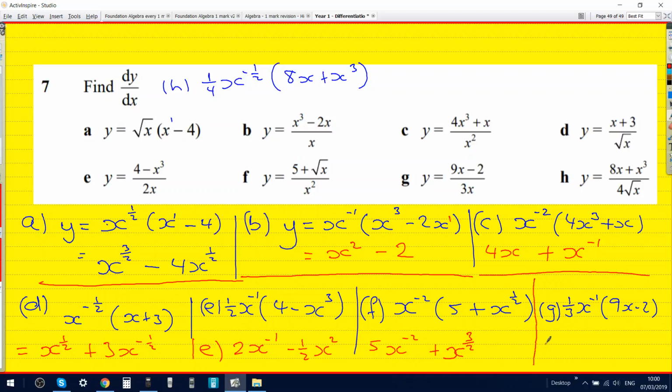And g. 1/3 x, 3x to the minus 1. So that's to the minus 1. This is 2. This is just x. Oh, it's 9x, sorry, yeah. To the 1, so 0. It's just 3. Yep. And then minus 2.